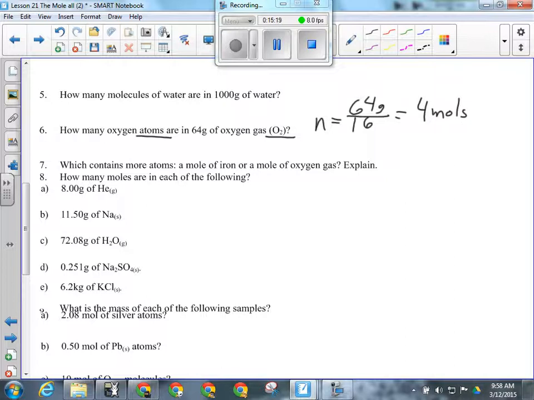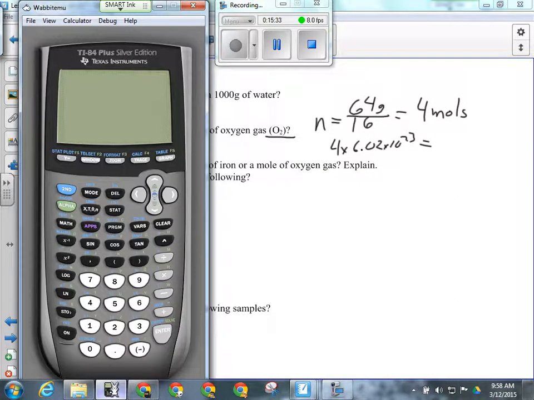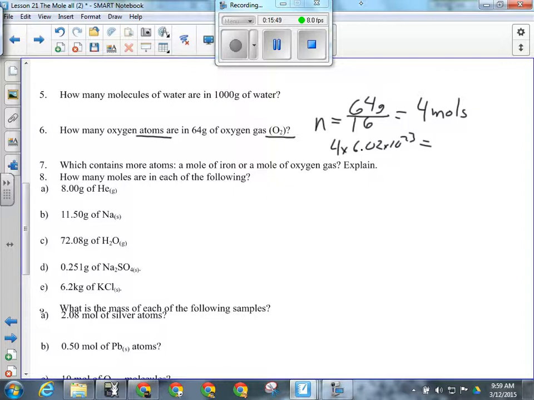Now I take my 4 moles and multiply it by Avogadro's number. What do I get there? I'm going to get 1.204 times 10 to the 24, right? That's the answer I have on the key.